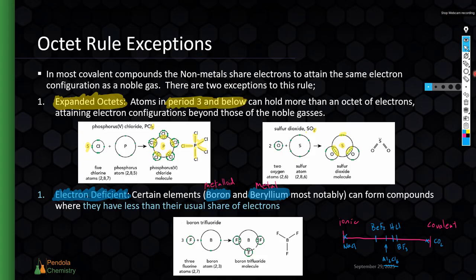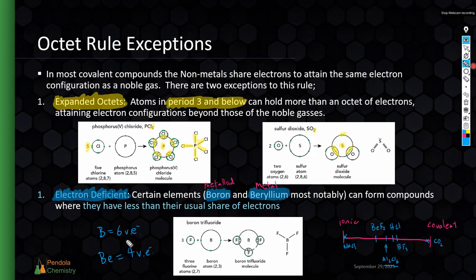Boron will form electron deficient compounds where boron only has 6 valence electrons and it's still happy and stable. Beryllium will form compounds where it only has 4 valence electrons and it's happy and stable. The one we will more commonly see is boron, again because it's a metalloid, so it does form a lot of covalent compounds, but we might see beryllium once in a while as well, so it's good to keep it in mind.